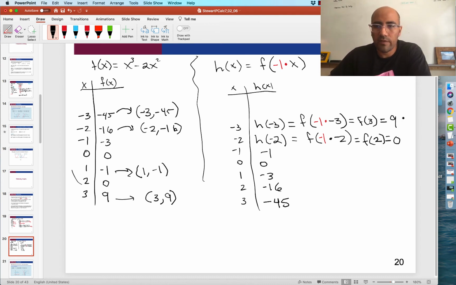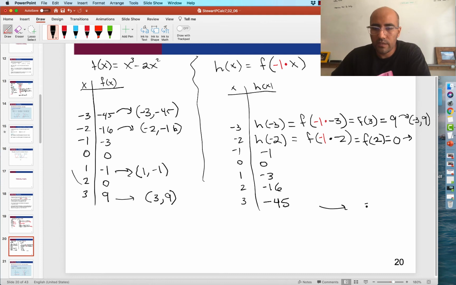And let's see how they compare to this new function where we've multiplied the argument of the function by -1. So now -3 maps to 9, where we used to have (3, 9). Now we have (-3, 9). And then 2 maps to 0. That's not boring. How about this one?